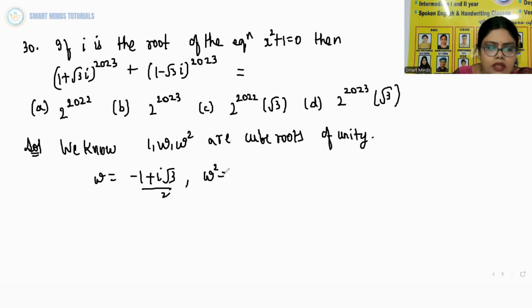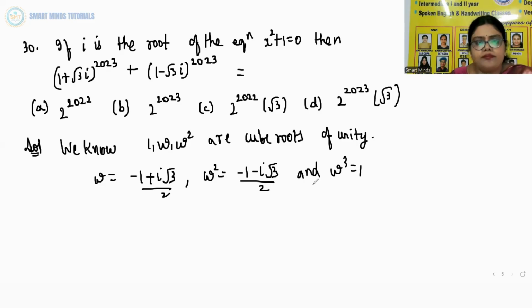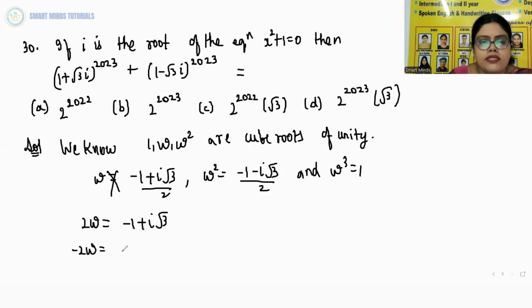Omega square value is (-1 - i root 3)/2. And omega cube is 1. So if I cross multiply here, we will get 2 omega is equal to -1 + i root 3. If we take minus 1 common, we get -2 omega is equal to 1 - i root 3.